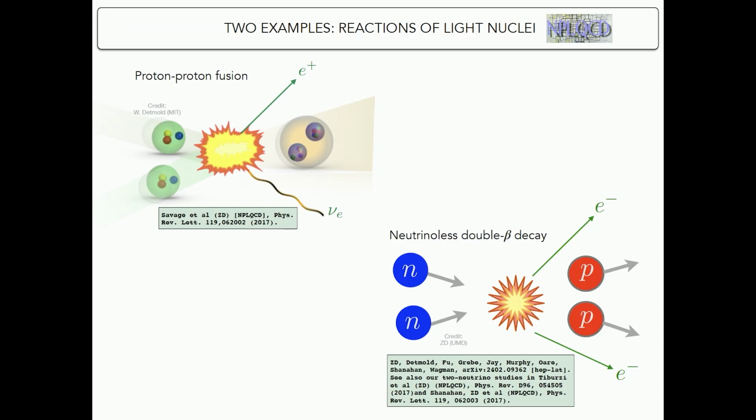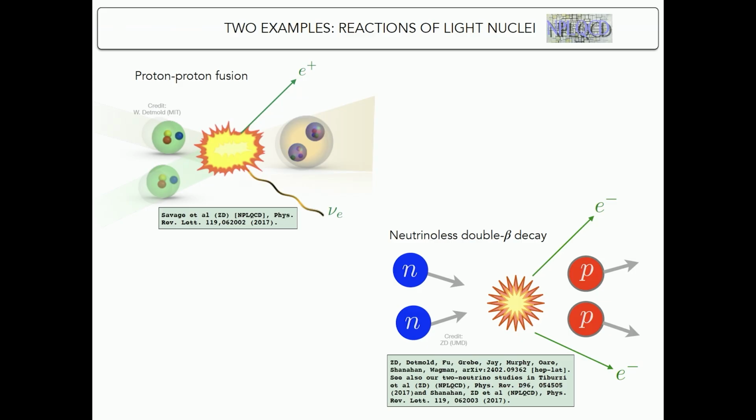One of them is the first calculation of a proton-proton fusion cross-section that is rooted in the standard model. So you start from quark and gluon degrees of freedom, and are able to predict the rate of the reaction process for this very primary process in energy production in stars like the sun.